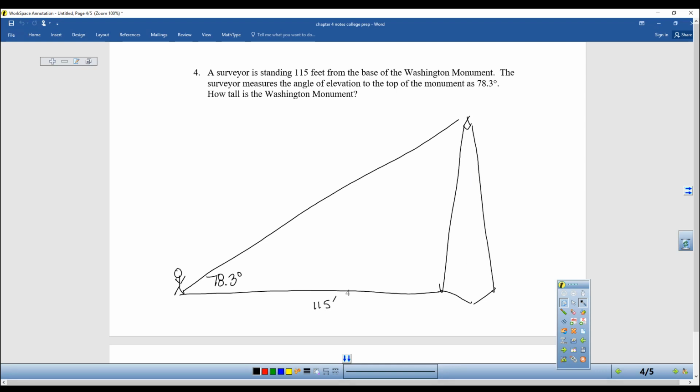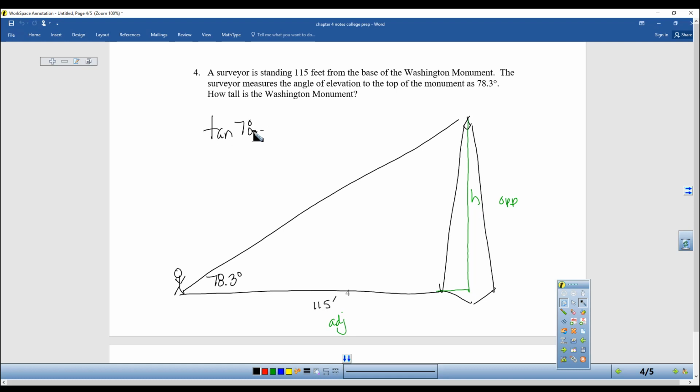So it is a slanted monument, but of course, if you find out how tall it is, you're going to find its height within the center of the monument. So we want to know its height, and we have this side. Given this angle, the height would be considered opposite, and this side would be considered adjacent. So we're going to use tangent.